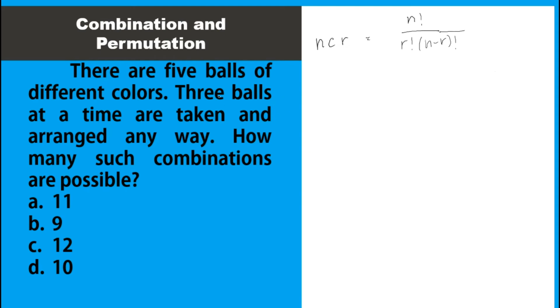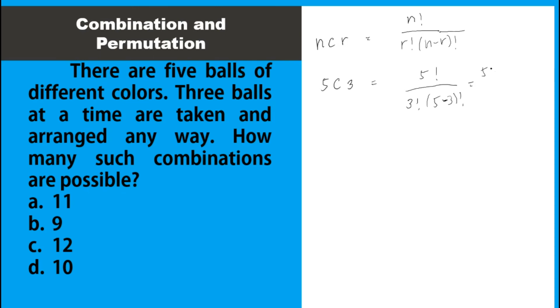So we have n as 5, you have 5 different balls, and 3 balls taken at a time, so you have 5C3. We have 5 factorial all over r, that is 3 factorial times 5 minus 3 factorial.